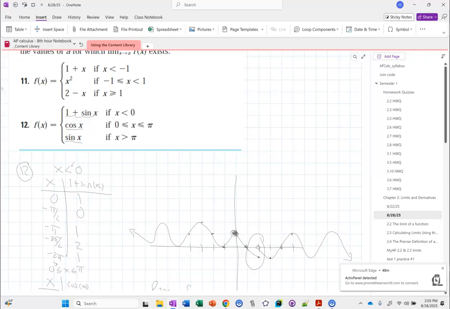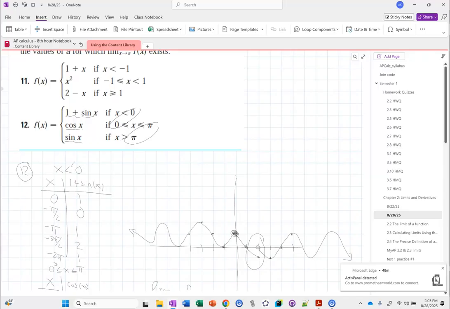So the limit is going to exist for all continuous functions over their domain. So the only place that I need to worry about are these boundary values and possibly at infinities.